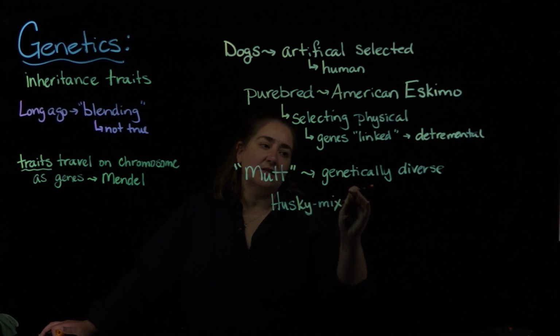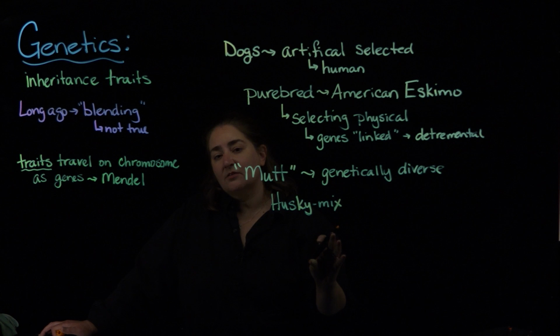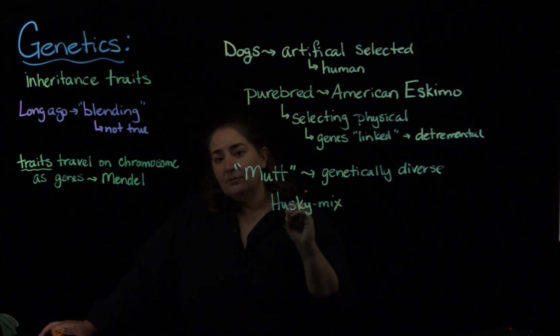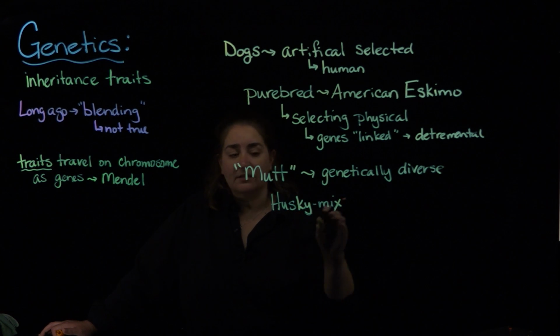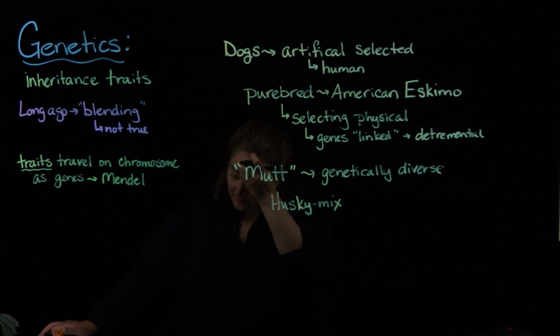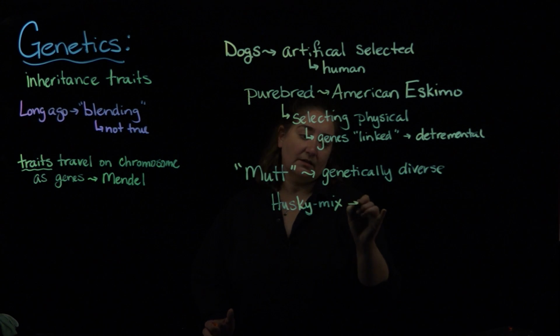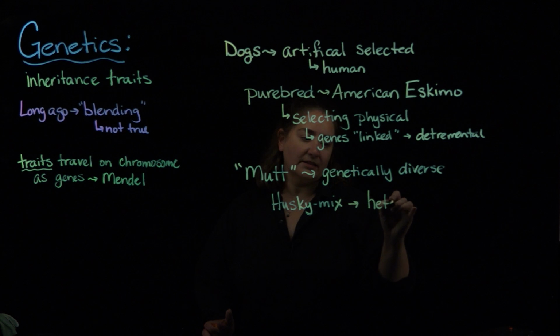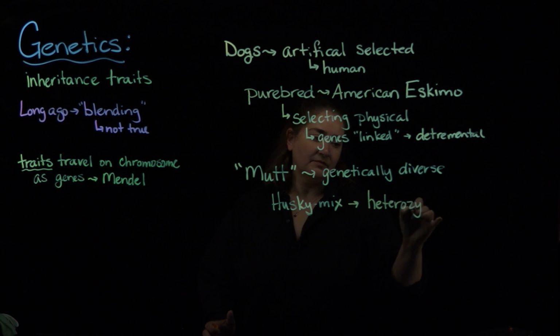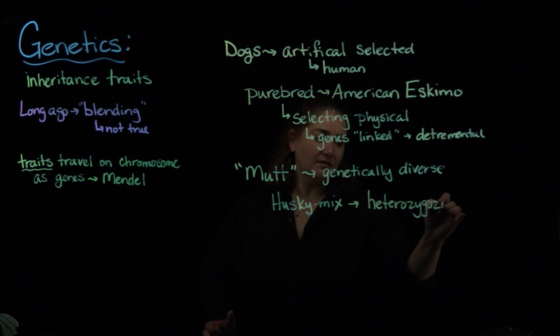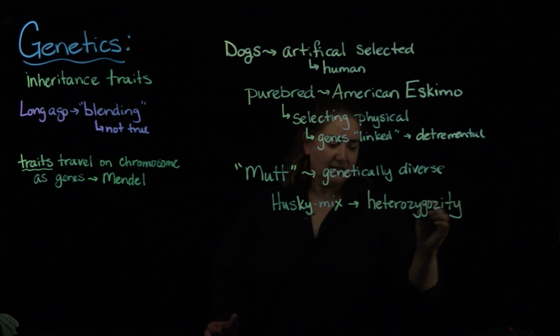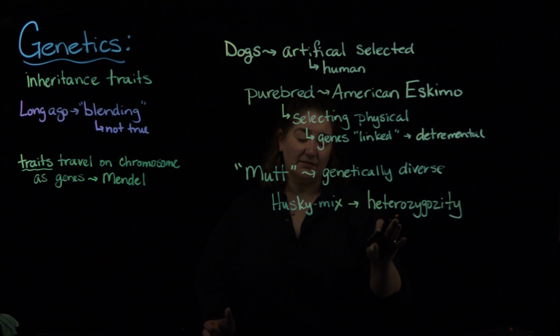The advantage is that you've got genetic diversity from having more combinations of genes, okay? So what ends up happening with mutts is there's more genetic variation, all right? And we refer to that as heterozygosity.